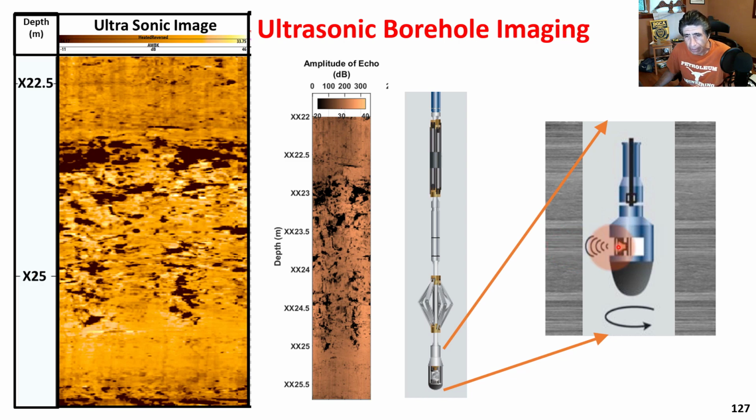So a fraction of the amplitude that impinges upon the surface of the borehole is going to be transmitted, and the ratio between the amplitude of the reflected signal over the amplitude of the incident signal is what we call the reflection coefficient.